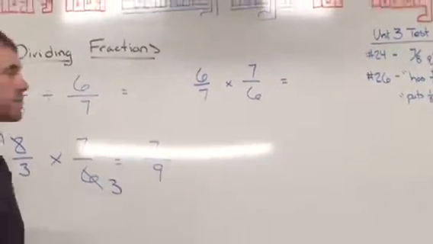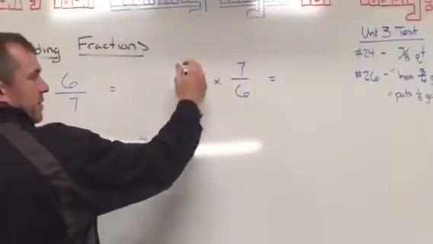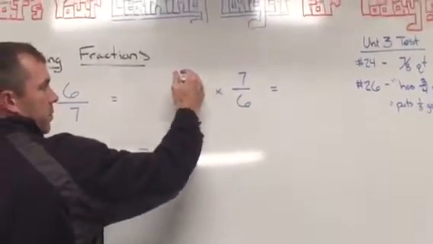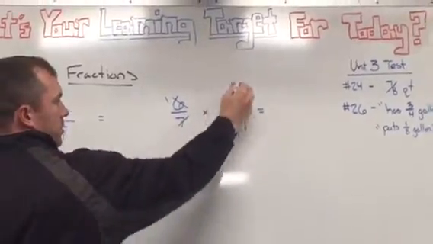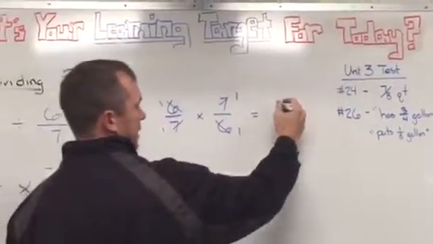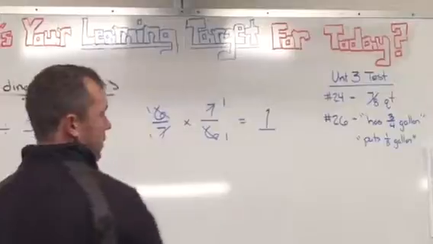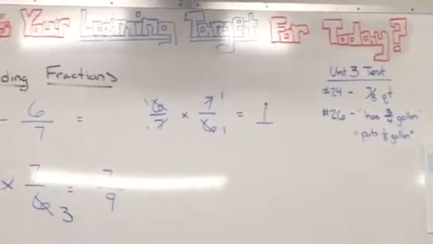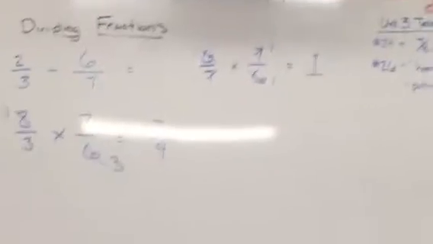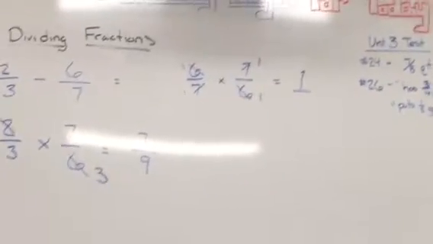That'd be 1. What would the 6's cancel to? 1 and 1. The 7's cancel to 1 and 1. What do you get? A whole number. So anytime you take a number or fraction times its reciprocal, you will get 1.